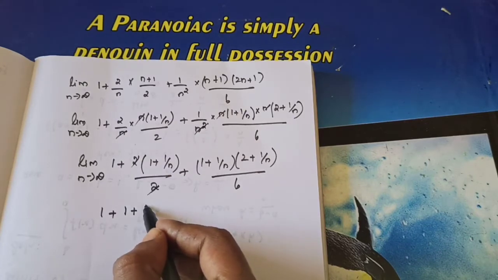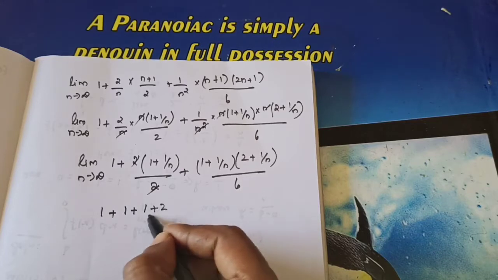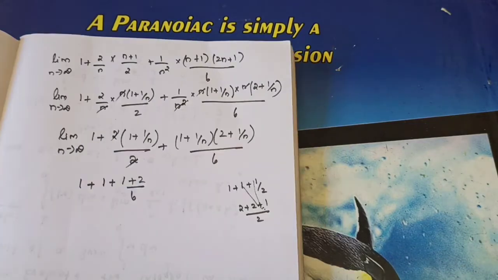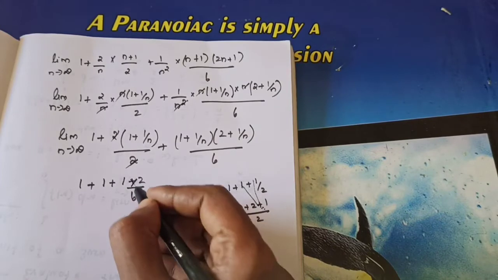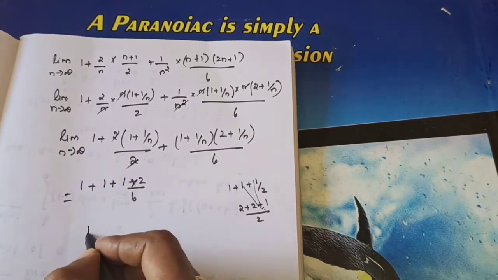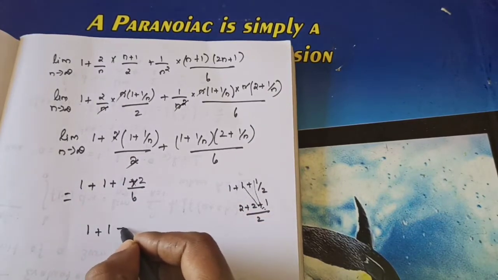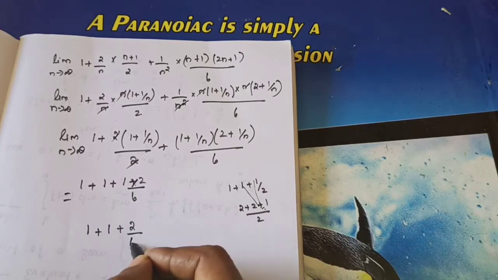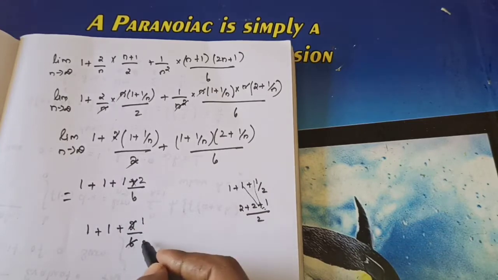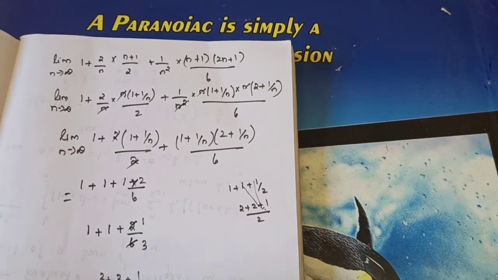Again you will get 1 plus 2 by 6, is it right? So what's the value you will get? 1 plus 1 plus 1 into 2 is 2 by 6. So if you cancel, it means 1 by 3. Take the LCM. So 3 plus 1 by 3. So 7 by 3 is the answer.